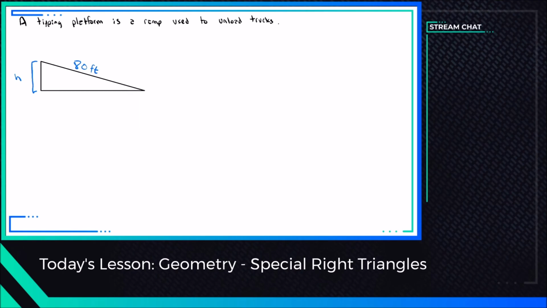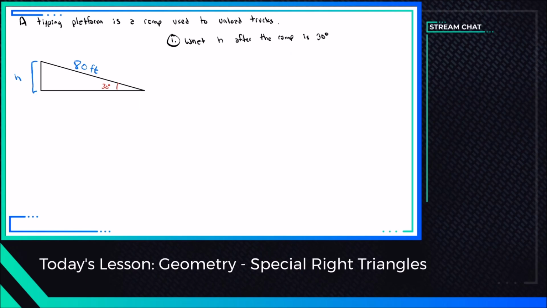All right, and we're going to ask a couple of questions. The first question is, what is H after the ramp is 30 degrees? So when this angle reaches 30 degrees here, how high in the air is our ramp?